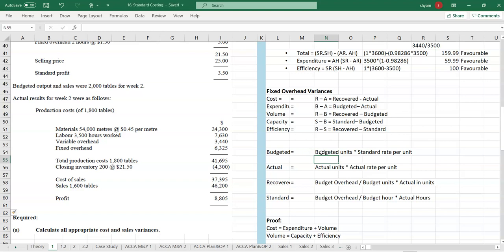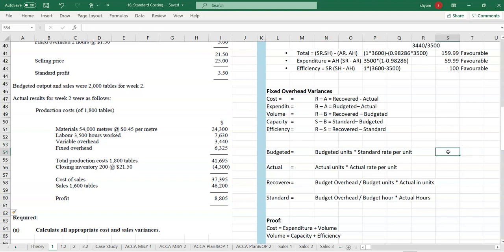So we need these numbers first, then only we can find out the variances. Unless we find these out, we can't work out the problem. The proof we'll show you later, that won't be much of a problem. So the first one that we have to get is budgeted units.